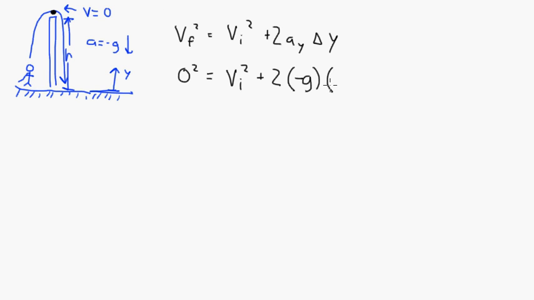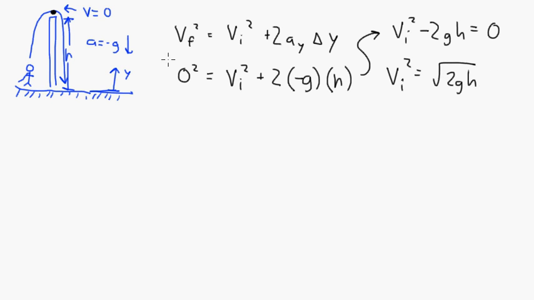He goes up a distance h from the ground. So that gives us v i squared minus 2gh equals 0, which means v i equals the square root of 2gh. So that's his initial velocity.